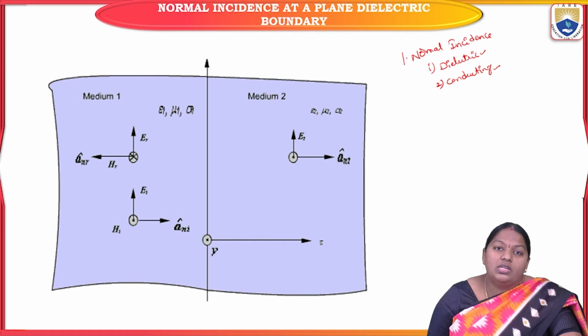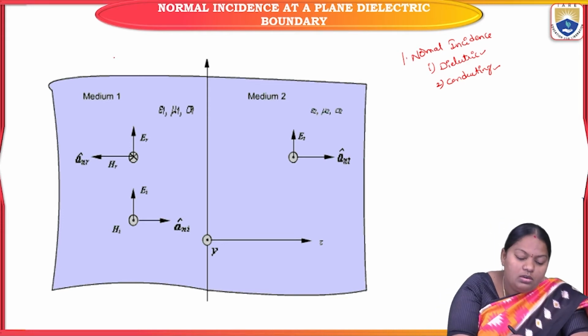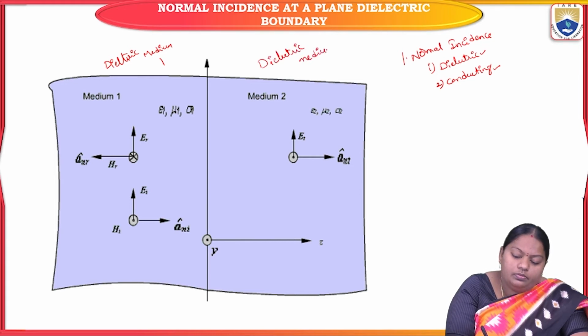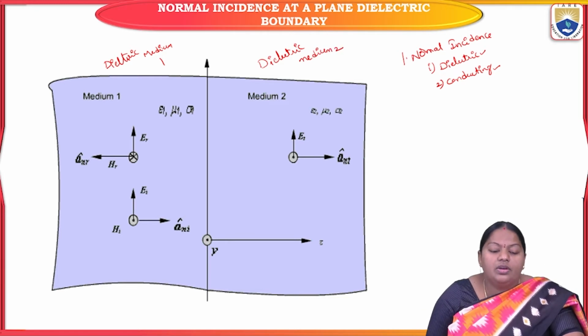Under normal incidence, the first case is a plane dielectric boundary, where medium 1 and medium 2 are both dielectric media. Between these two dielectric media, we are going to analyze normal incidence, right?